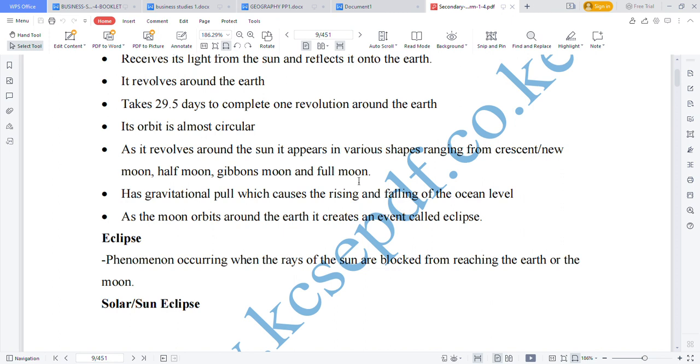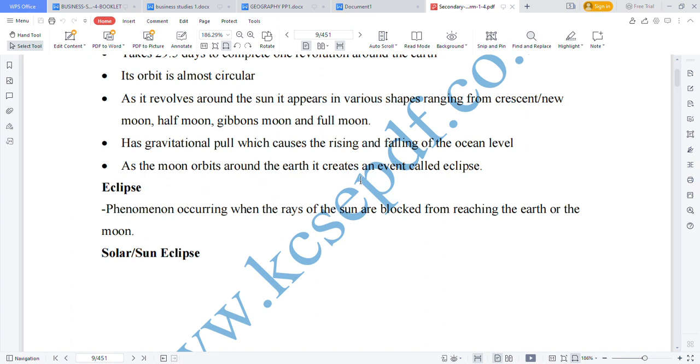As it revolves, it appears in various shapes ranging from crescent, new moon, half moon, gibbous moon, and full moon. It has a gravitational pull which causes the rising and falling of the ocean levels. As the Moon orbits around the Earth, it creates an event called eclipse.